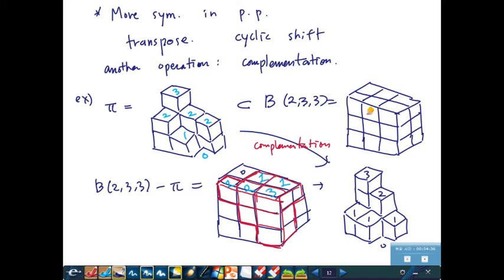Another operation. So now we can have more symmetries. Are you okay with this definition? More symmetries. Pi is self-complementary if pi is equal to pi^C, let's say C was the complement of pi.